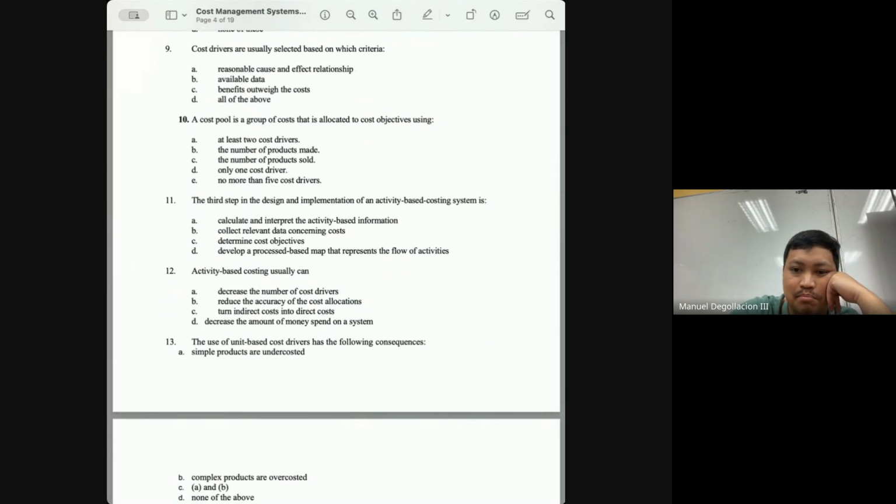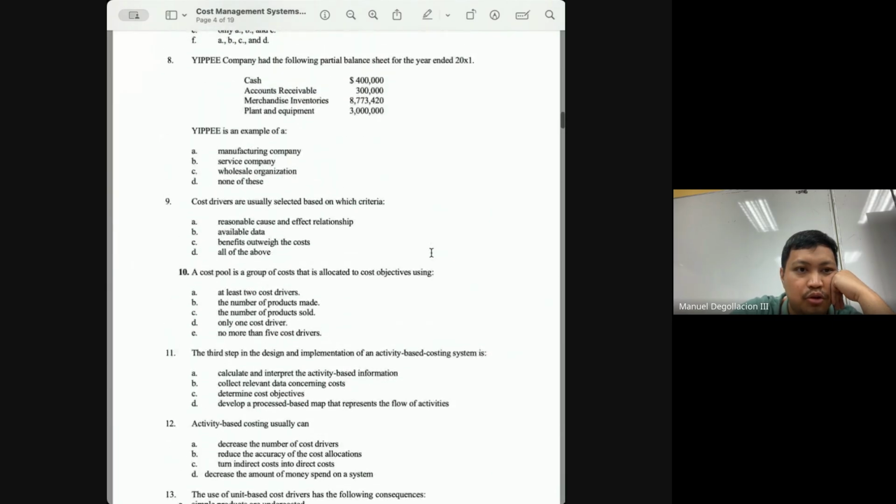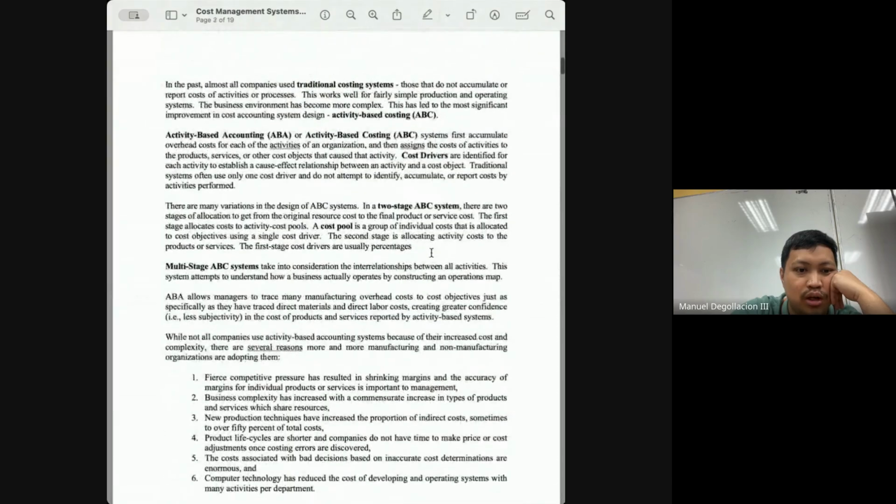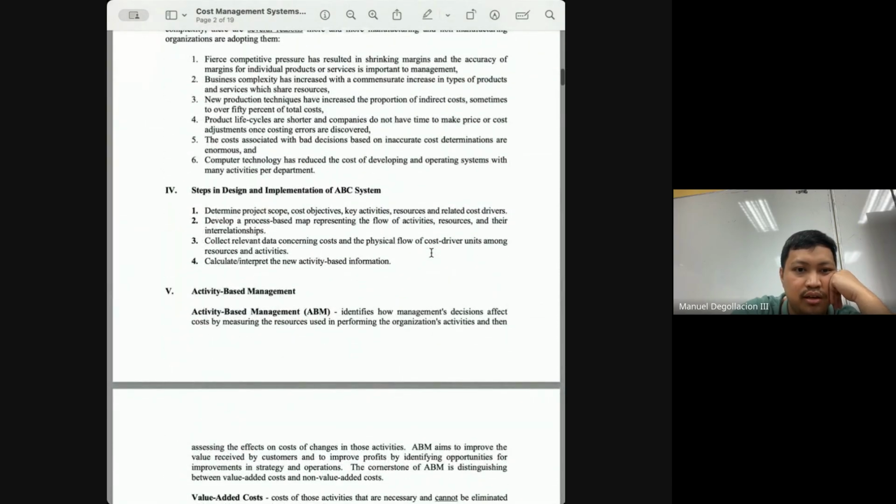Number 11, the third step. Although this question is very specific to the handout given to you, class, just in case you encounter this kind of question, what was the third step? If we go back to the handout, what was number 1? Determine.